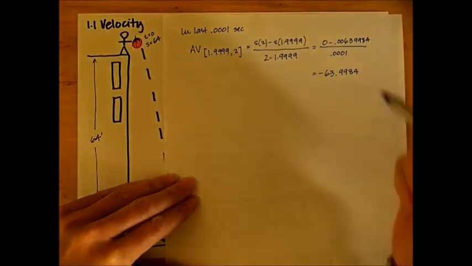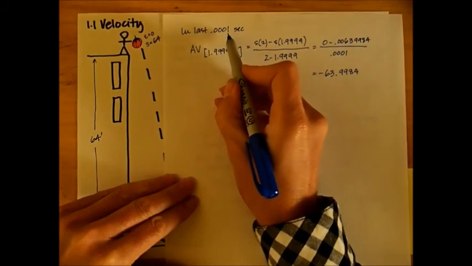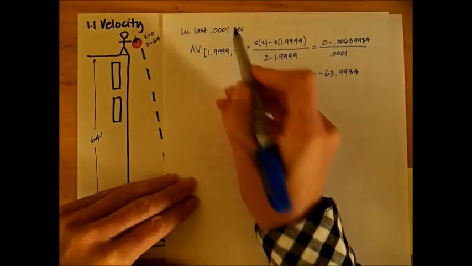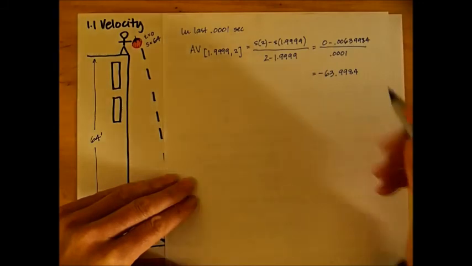So if this is what we get when we're in the last, what is that, 1/100,000th of a second, what do you think the actual speed of the tomato was at the instant that the tomato hit the ground? Yep, me too.